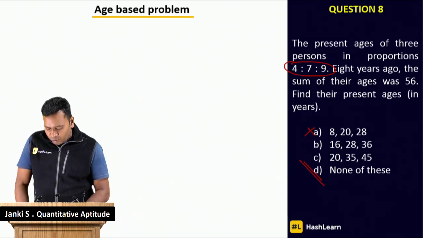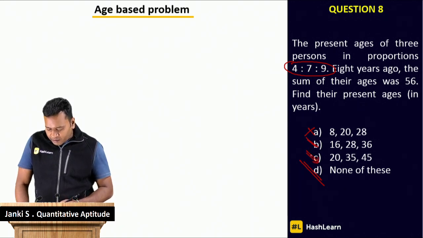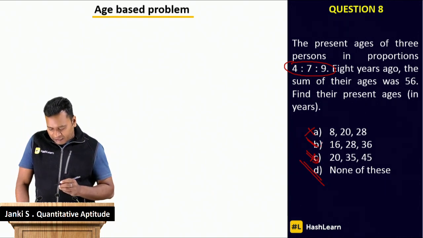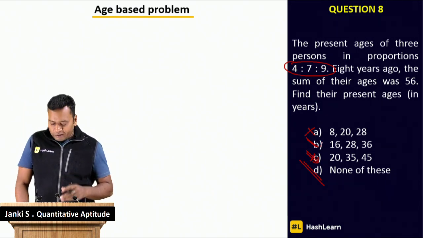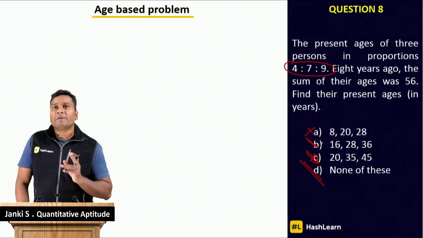So this is the value which is in the ratio, as well as this is the value which is in the ratio, right? So if we add the values, 45 plus 35 is already 80, 80 plus 20 is 100, 56 plus 24 is not 100. So definitely this cannot be the answer possible. It has to be B in this case, right? So if I go by the options, definitely it has to be B.